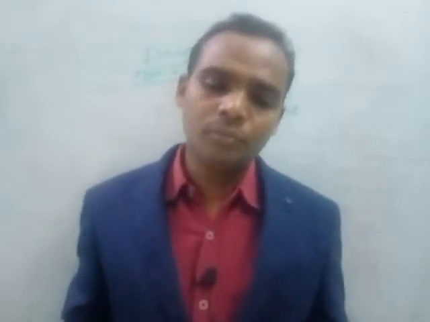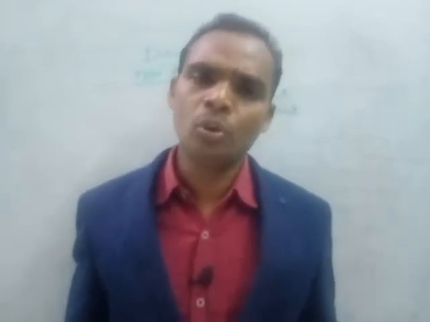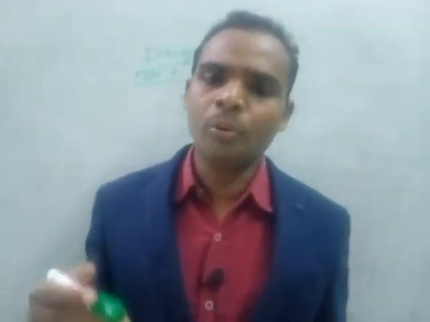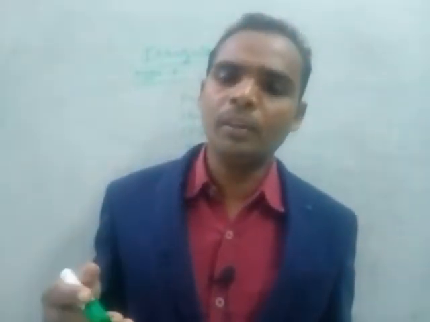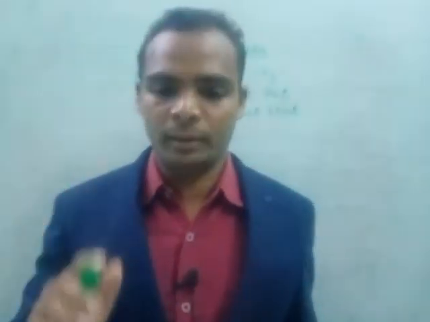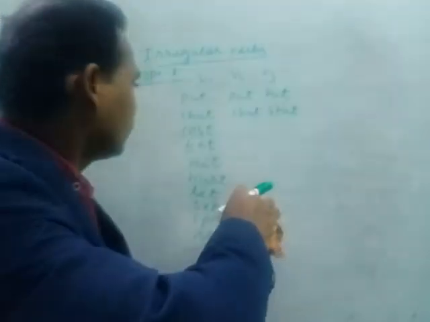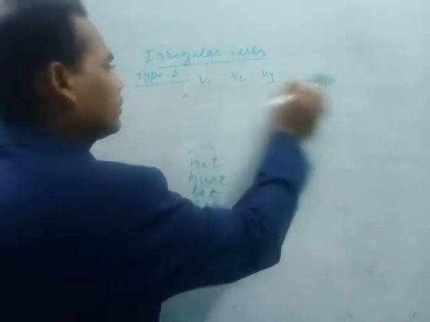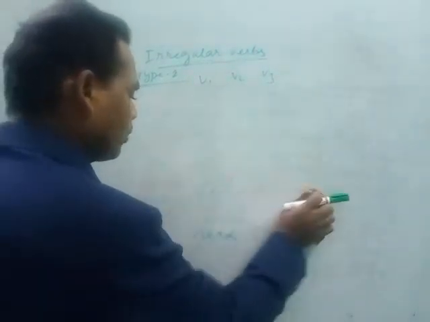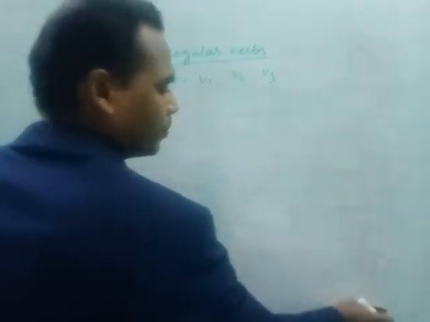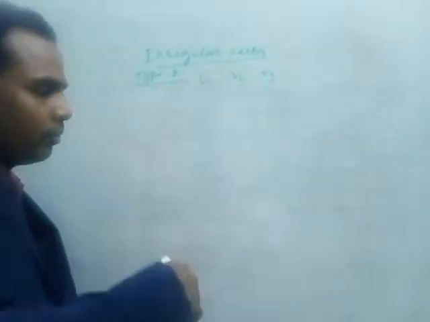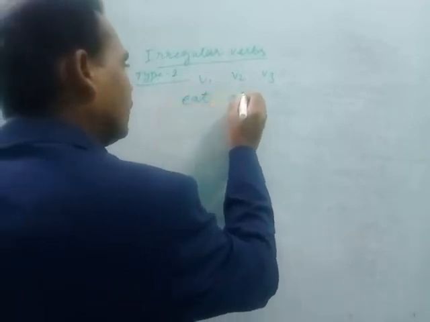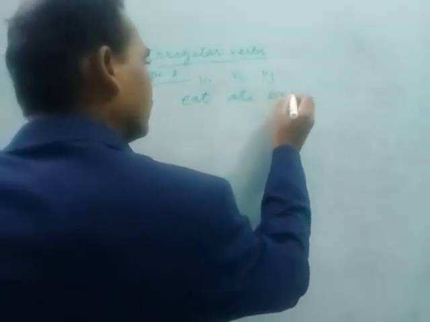Second type, I have already told you, in the second type the verbs have all forms different. I am giving examples here. All forms are different. You have to write them and practice yourself. Eat, ate, eaten.